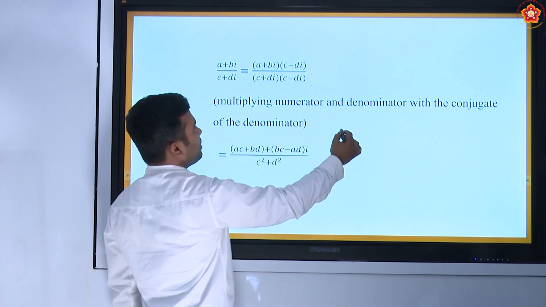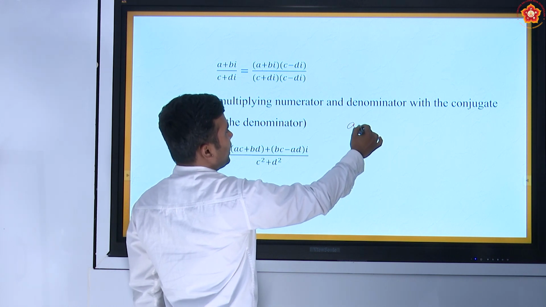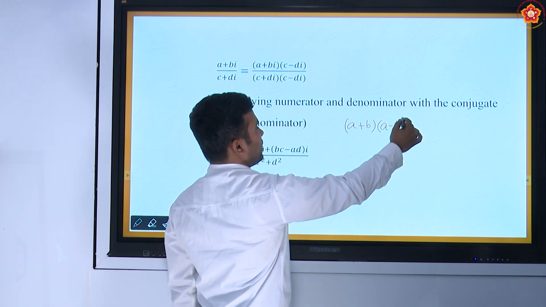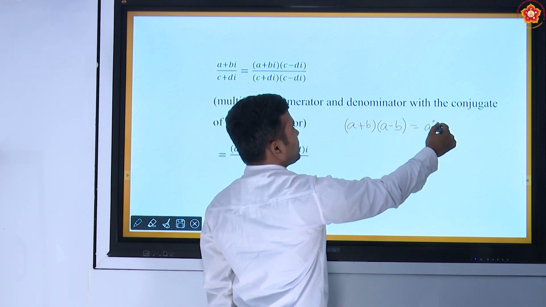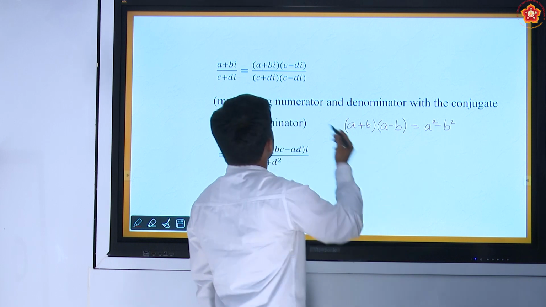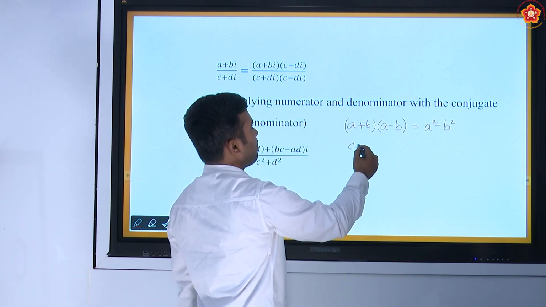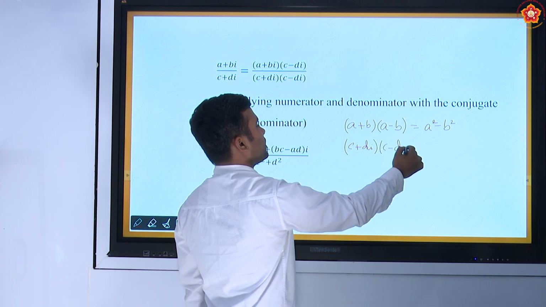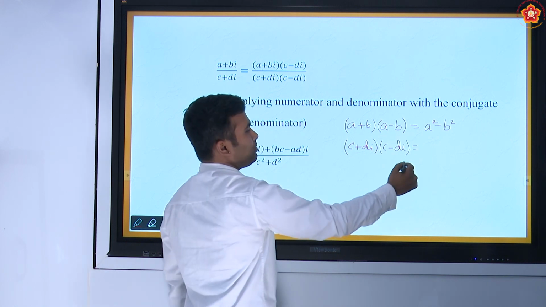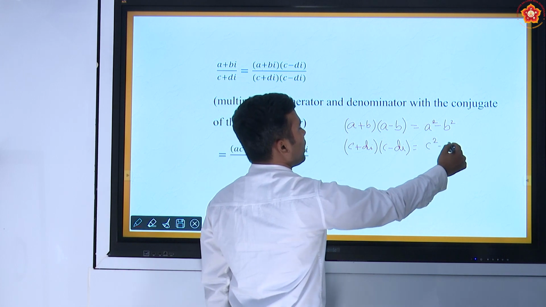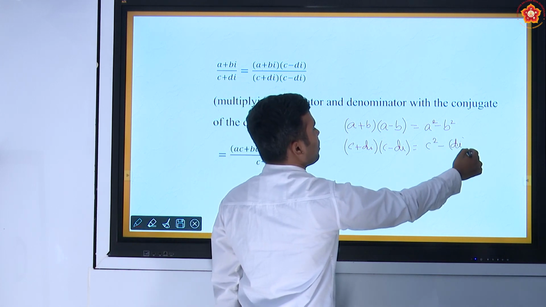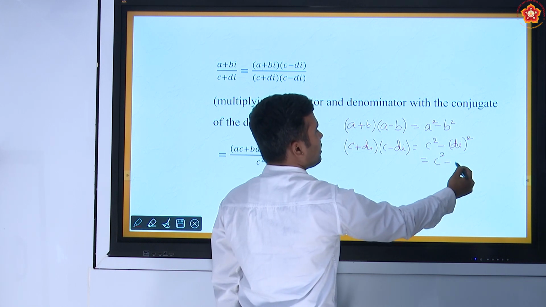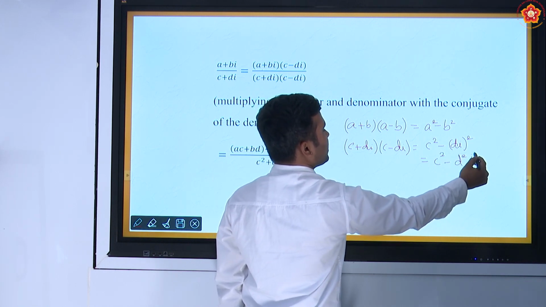As you know, A plus B into A minus B is A square minus B square. So for this, C plus Di into C minus Di is equal to C square minus Di whole square. So this is equal to C square minus D square into I square.